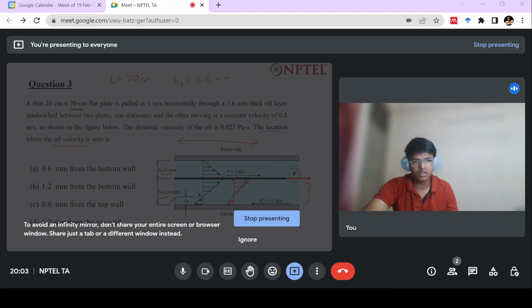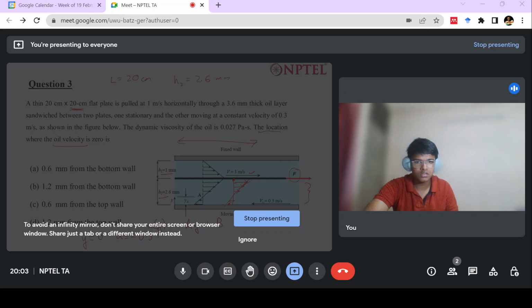Let's say the velocity is given as a function of y. Since this is linear, I will write a linear equation, u equals a y plus b, as the fluid profile. Now I know that when y is 0, u is minus 0.3. I have to give this a minus to maintain the direction.